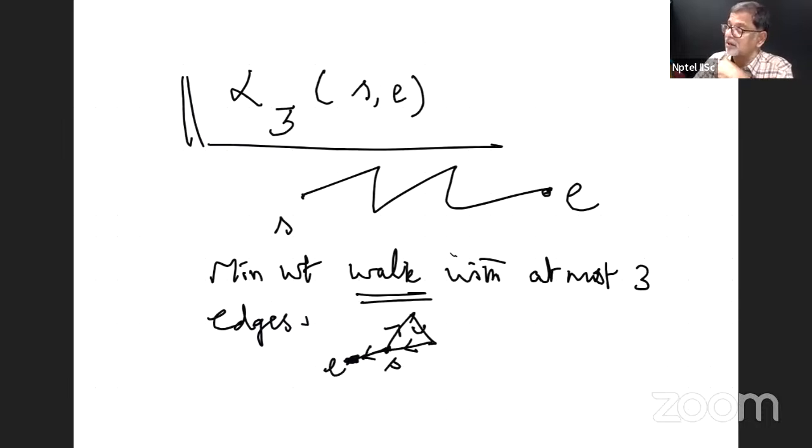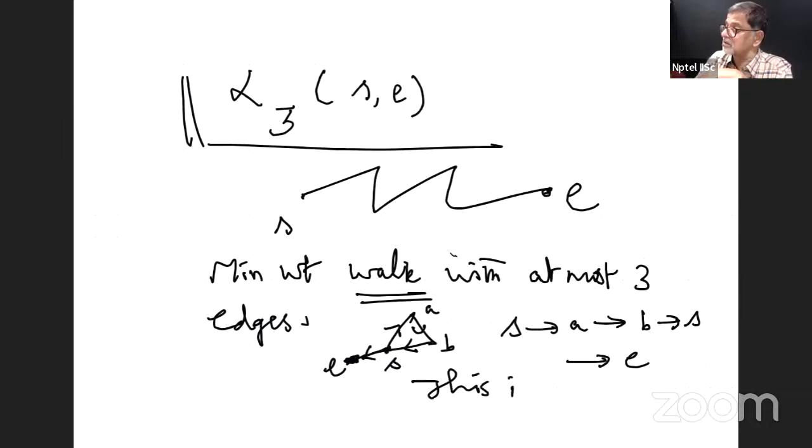Let's label it as A, B. So S to A, to B, to S, to E. This has 4 edges, and since a vertex is repeated, this is a walk. This is not a path. It goes from S to E, but S is visited again. Therefore, this is a walk.